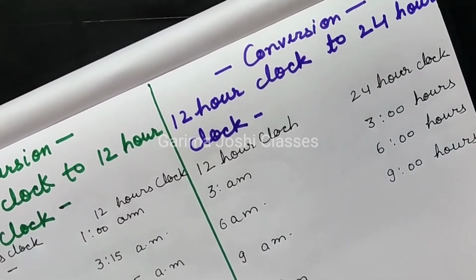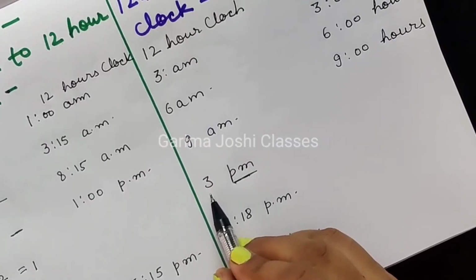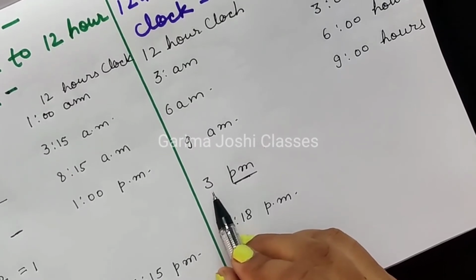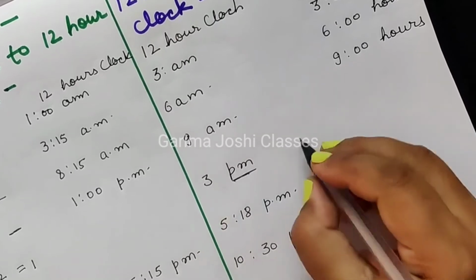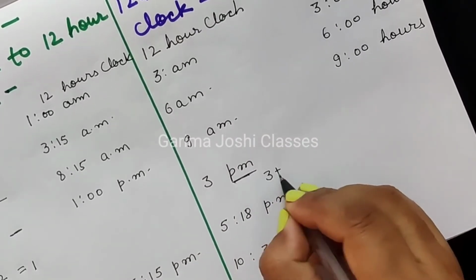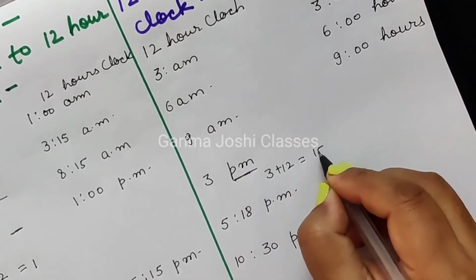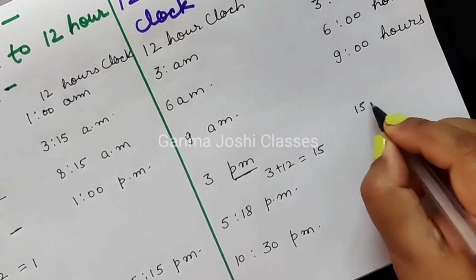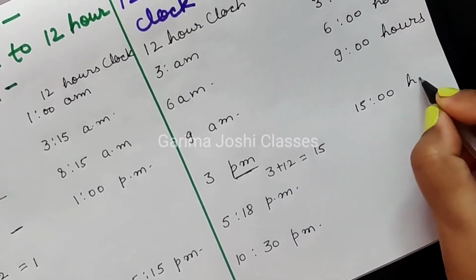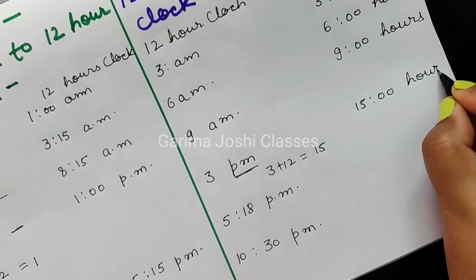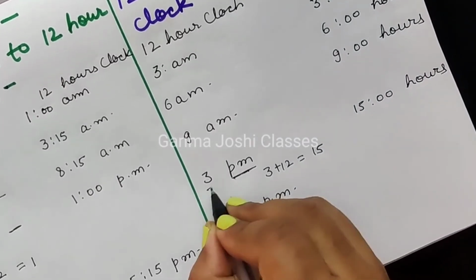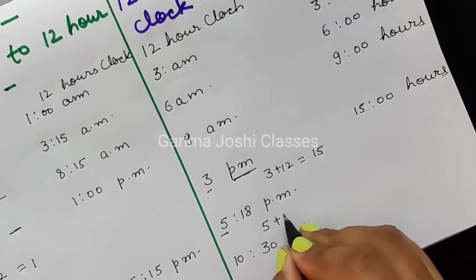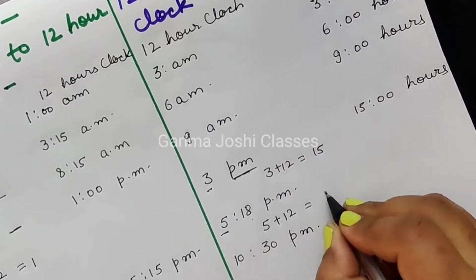Now comes the PM part. What will we do to convert it into 24-hour clock? Simply, before we subtracted, here we will add 12. So 3 plus 12 is equal to 15. So we can write 15:00 hours. 5:18, we will add 12 in this hour portion.